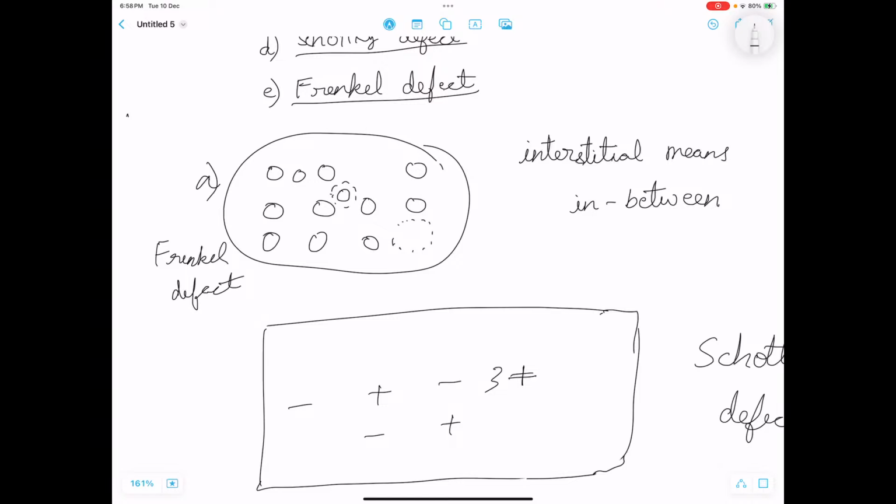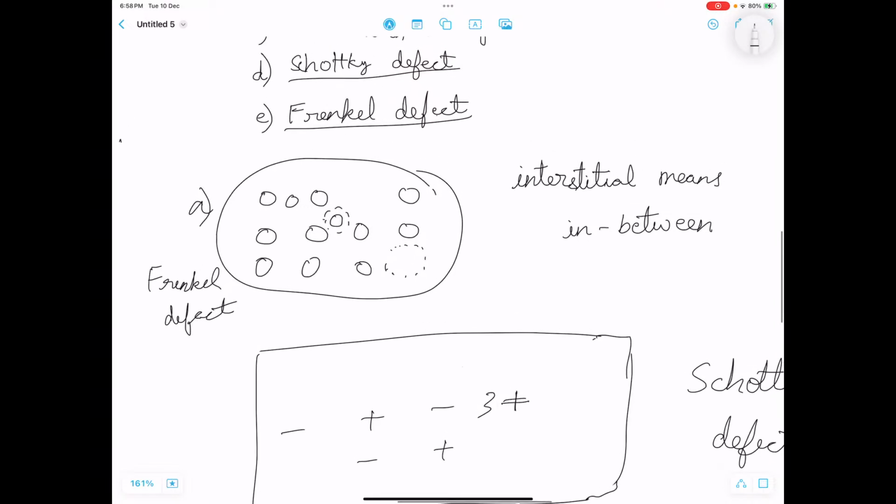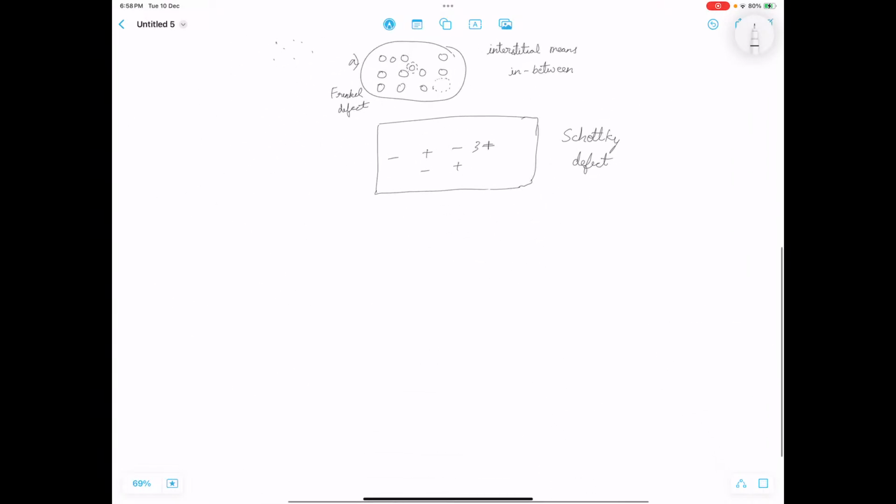Now there are a few questions in the PYQs which are based on this topic. This was just a basic explanation. Now we will do the questions. So there's a basic question which comes: what are Schottky defect and Frenkel defect, and how do you write it? So I'll just explain them to you. We'll write them together.